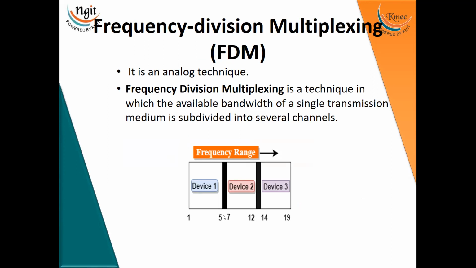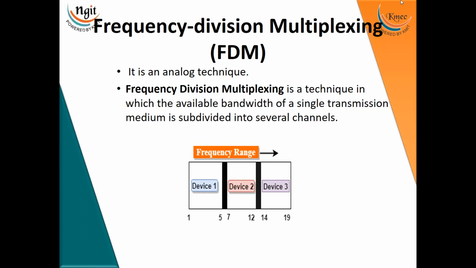First we'll learn what is meant by frequency division multiplexing. It is mainly an analog technique, in which the available bandwidth of a signal transmission medium is subdivided into several channels.